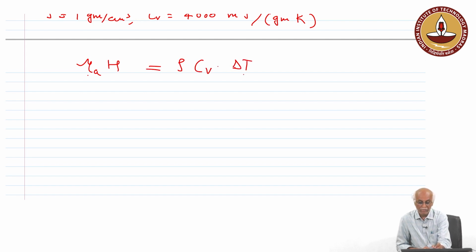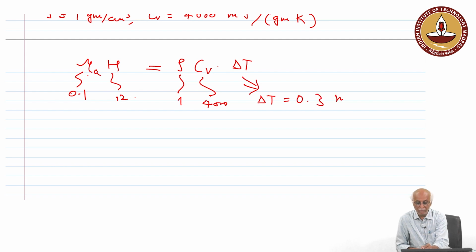Using this we can estimate: mu A is 0.1 centimeter inverse, H is 12 millijoule per centimeter square, rho is 1 gram per centimeter cube, CV is 4000 millijoule per gram per Kelvin. This gives a delta T of 0.3 millikelvin. It is a very small temperature rise, so it is not going to damage the tissue.